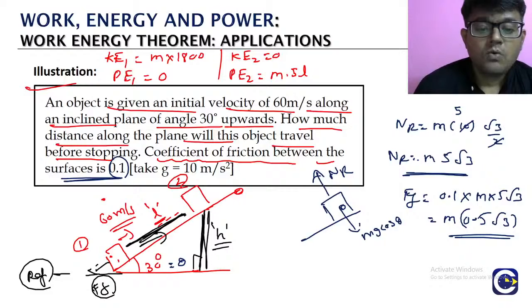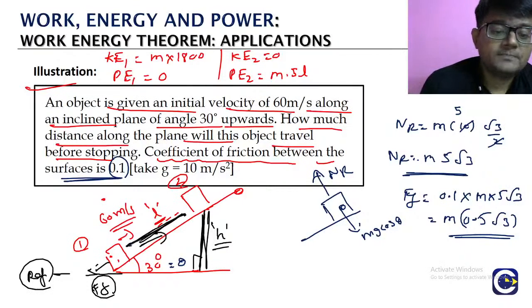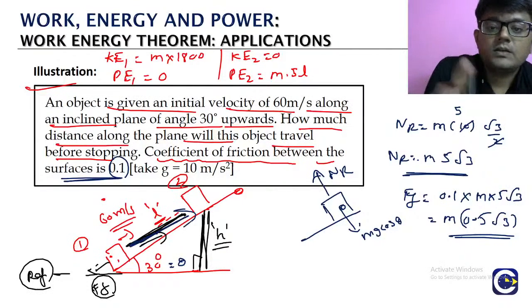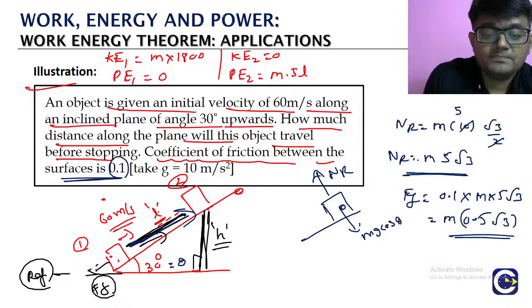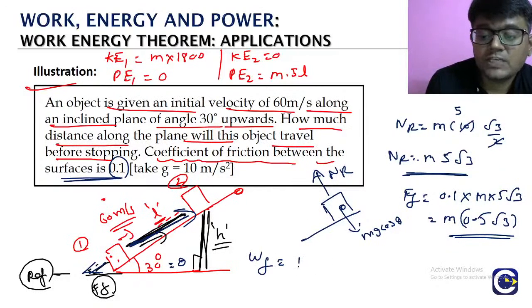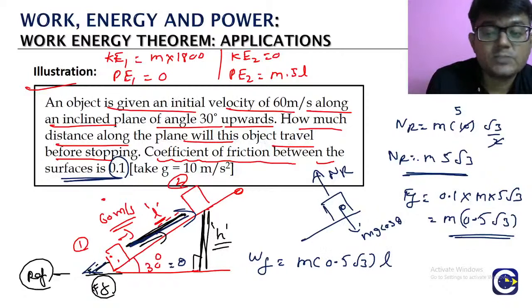Now work done by frictional force. Look at this. The displacement along the plane is L. Frictional force is along the plane downwards. So work done by friction will be the frictional force into the displacement into cos 180. Why cos 180?